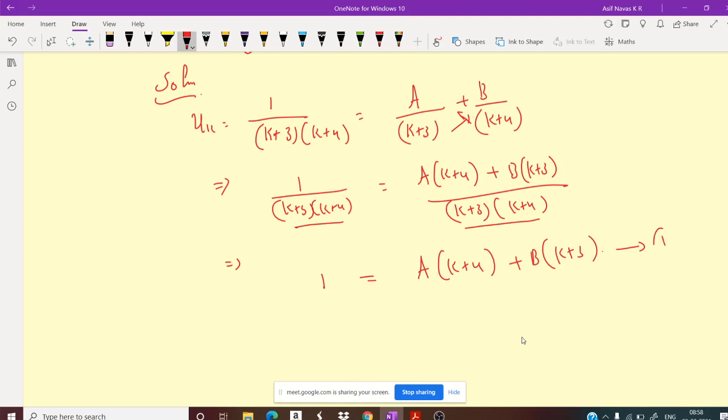I'm calling this equation number 1. Now we want to find out a and b.